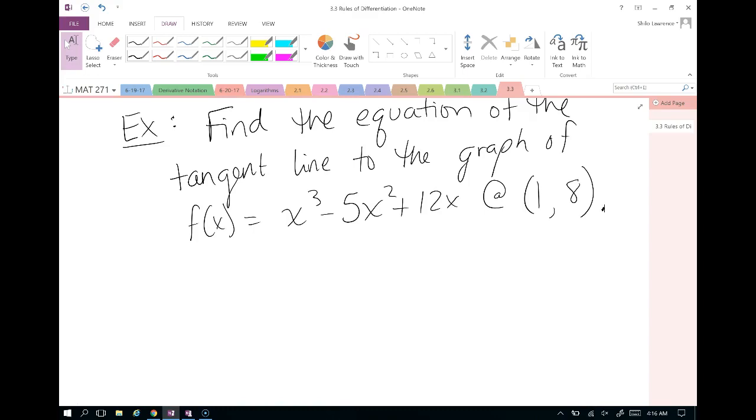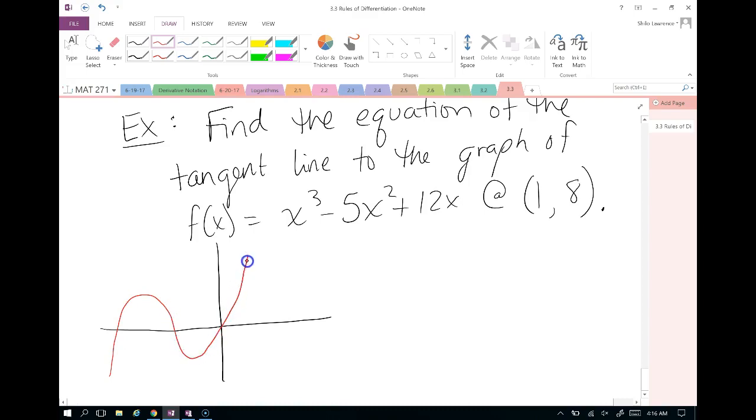So if we take a look at this graph, and this might not be the exact graph, but it's a cubic function, looks something like this. And the point (1, 8) is going to be about here.